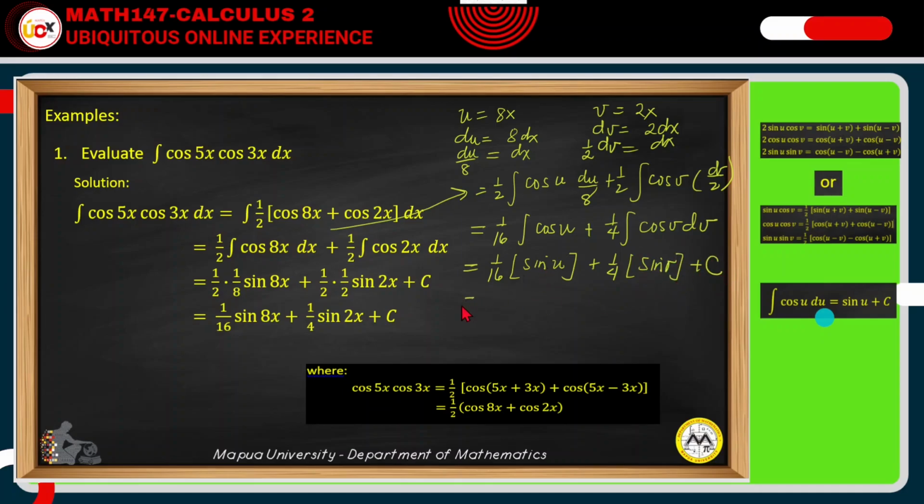But u, from this representation, is 8x, so this is sine 8x, plus 1 over 4 times the sine of b, where b is 2x, plus the constant. So this is the final answer.